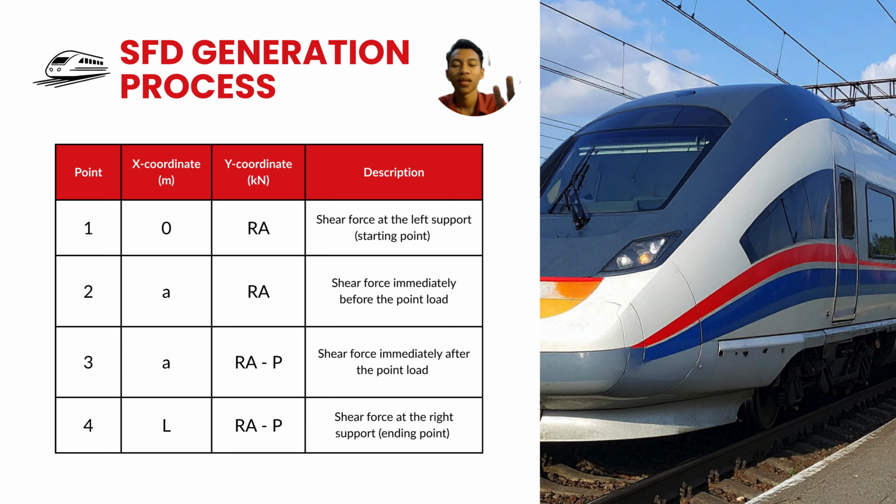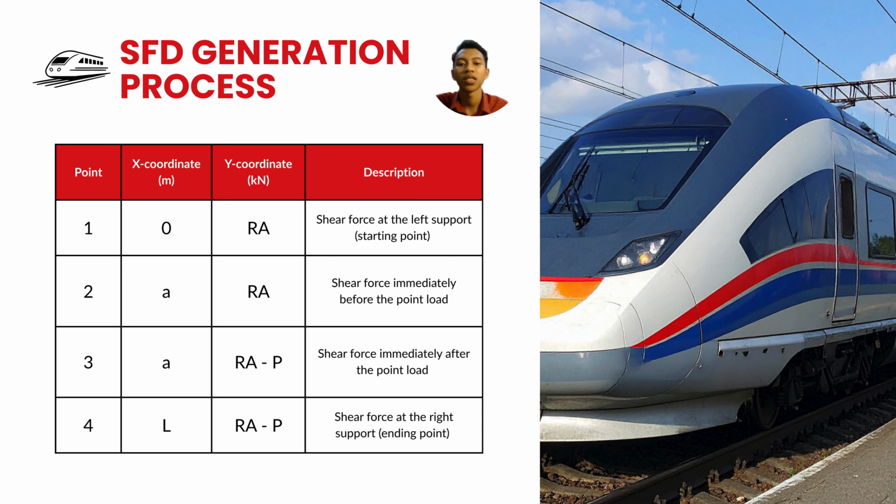In the third point, the x coordinate is the load position. The y coordinate is RA minus P. What is P? P is the point load of the beam bridge. So the shear force immediately after the load position.